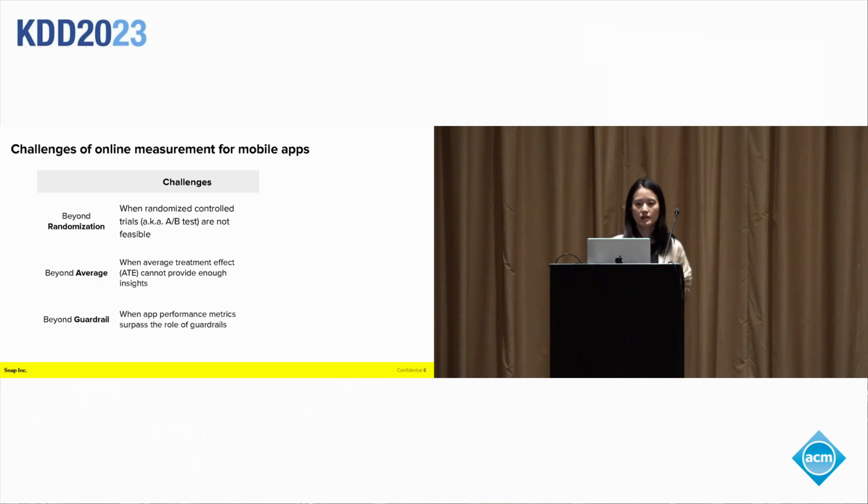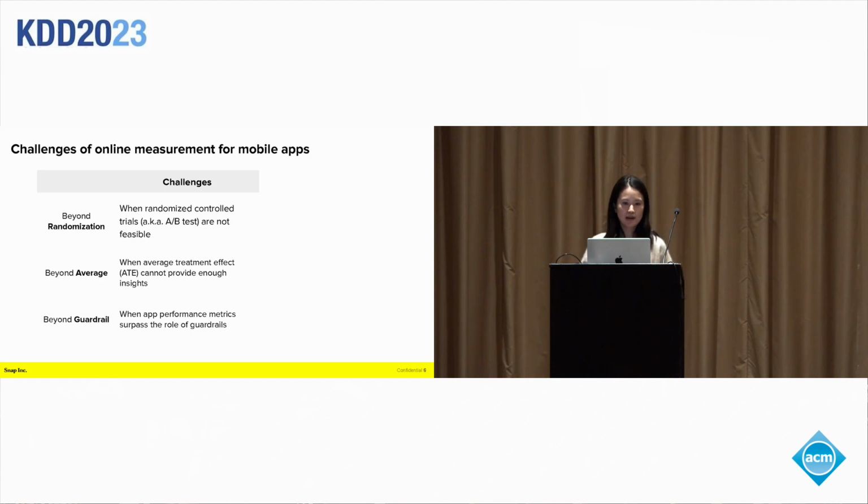In this talk, we will focus on the following 3 challenges of doing causal inference for online measurement for mobile apps. The first one is beyond randomization, which means when randomized controlled trials are not feasible anymore. Because for most causal inference in industry, A/B testing is the widely used method. But there are scenarios when randomization is not feasible. The second topic is about beyond average.